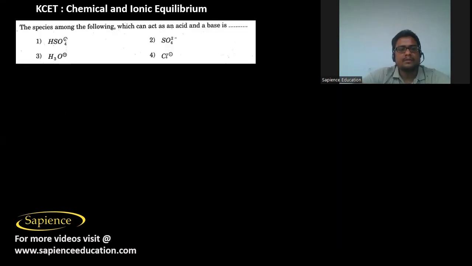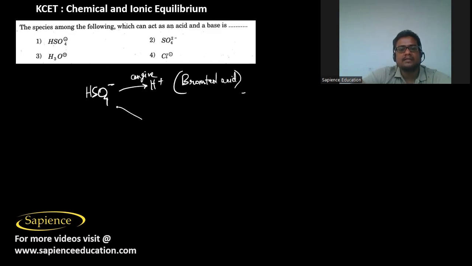And here it is told the species among the following which can act as an acid and a base is. So HSO4 minus can give H plus ion, so it can act as a Bronsted acid, and it can also accept H plus ion to form H2SO4.